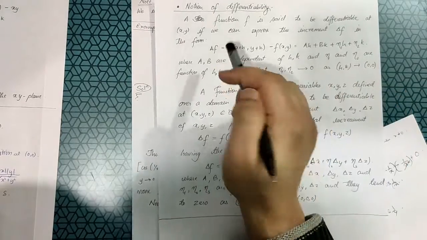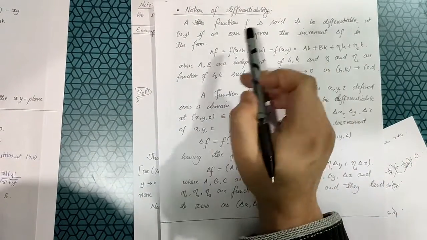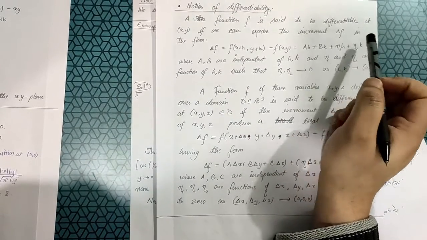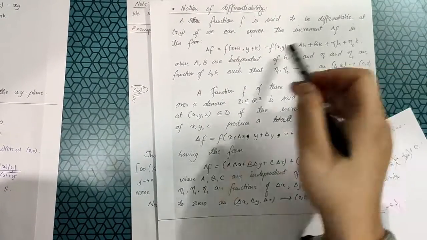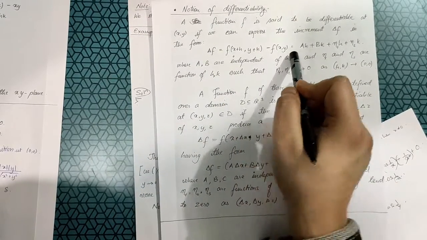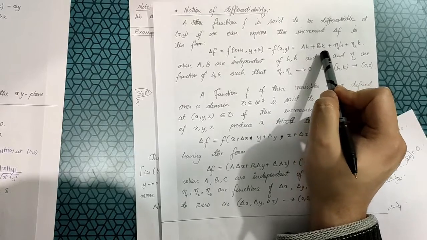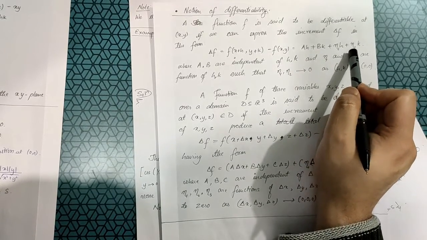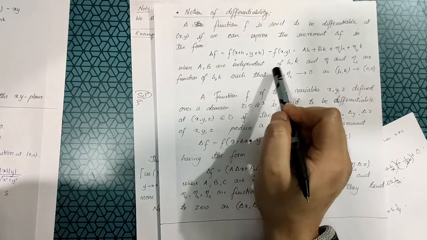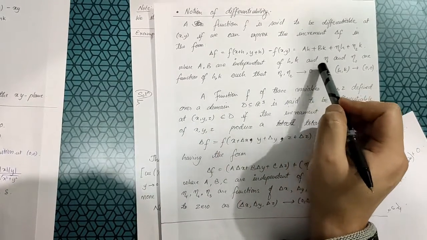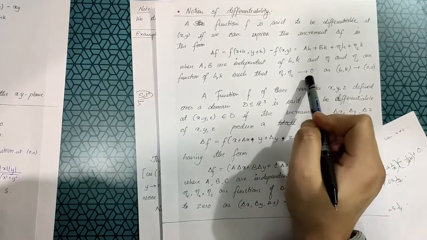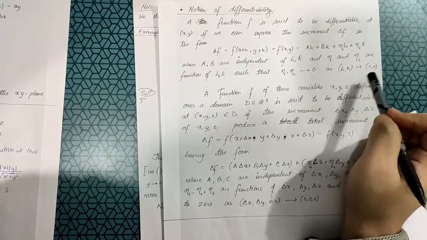Notion of differentiability. A function f is said to be differentiable at (x, y) if we can express the increment Δf, known as the increment, in the form Δf = f(x+h, y+k) - f(x, y) = ah + bk + η1h + η2k, where a, b are independent of h and k, and η1 and η2 are functions of h, k such that η1, η2 tend to 0 as (h, k) tends to (0, 0).